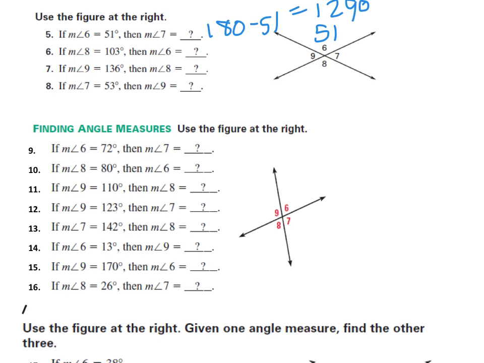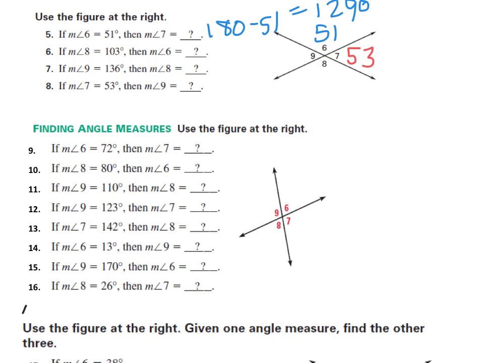Now let's do problem 8. Problem 8 says, if the measure of angle 7 is 53 degrees, then what's the measure of angle 9?